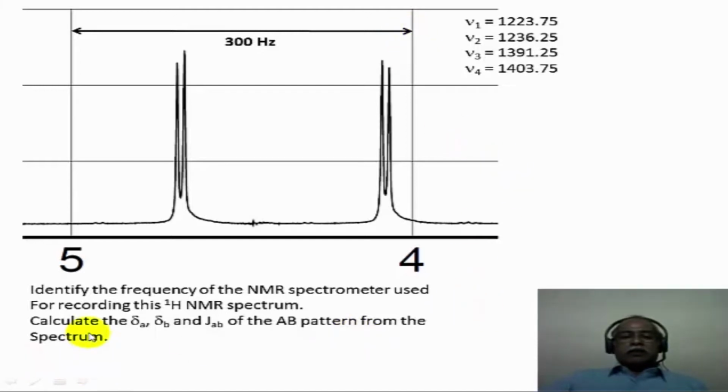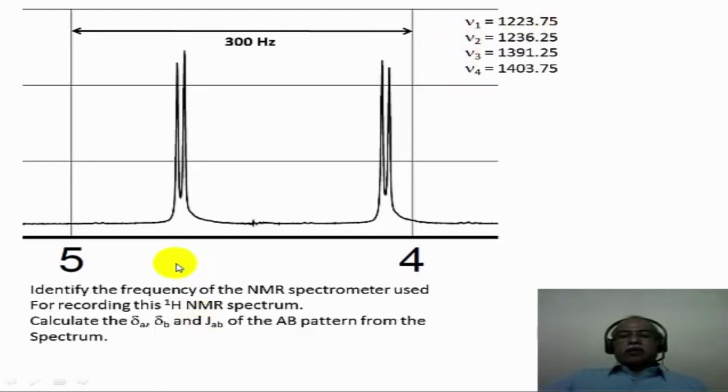The other question is to calculate delta A, delta B and JAB from the NMR spectral pattern. One has to use the equation that we described earlier, that is the difference between the chemical shift values of delta A and delta B. In other words, delta AB corresponds to the square root of nu 4 minus nu 1 multiplied by nu 3 minus nu 2.